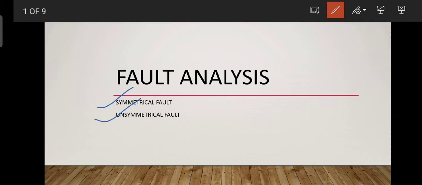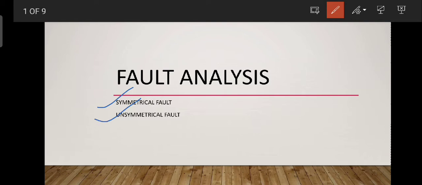So there are three phases in our system. We know already about three phase. It may be two phase, it may be one phase, but we basically take the three phase system because the three phase system has a vast network, so it requires more discussion.